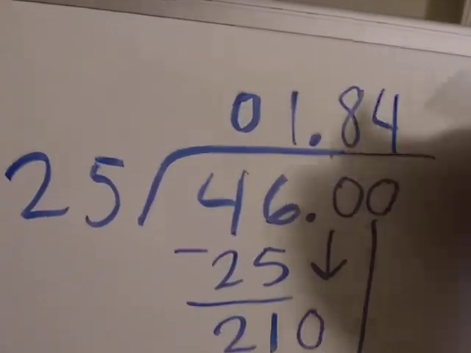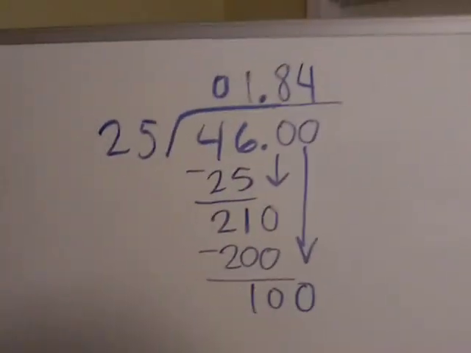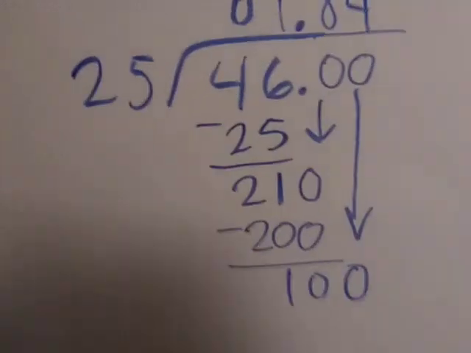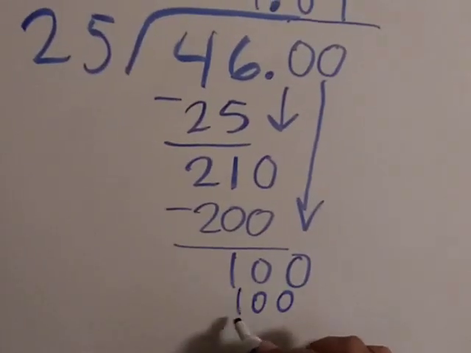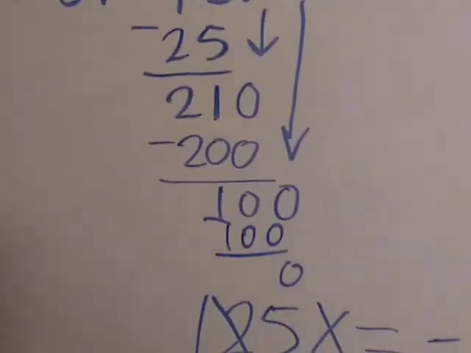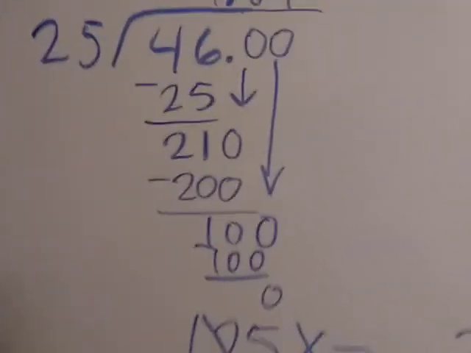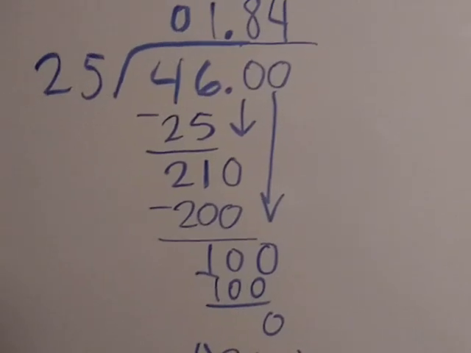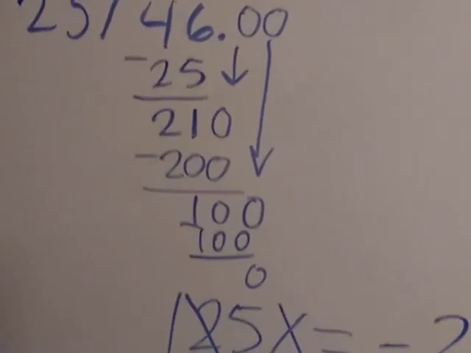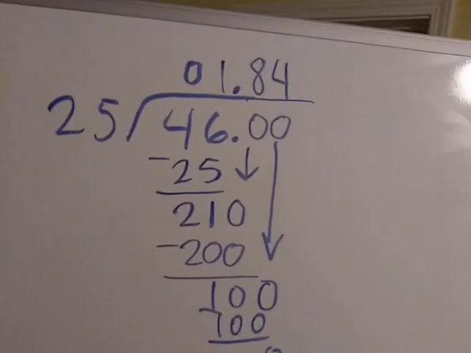It would be a total of 4. And 25 times 4 gives us 100. And there it is. So your answer for that equation would be x is equal to 1.84.